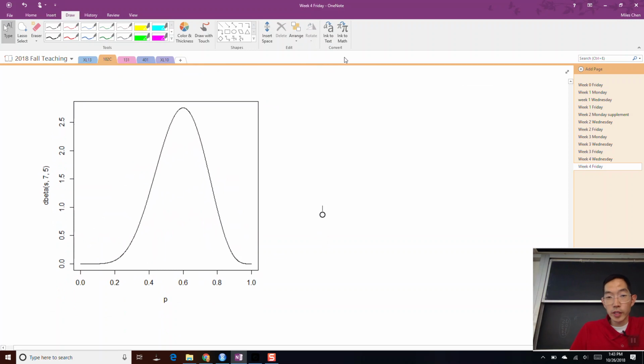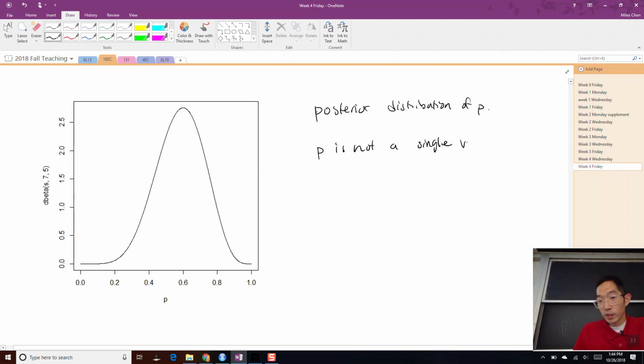So this is our posterior distribution of P. So P is not a single value, but represented by a distribution.